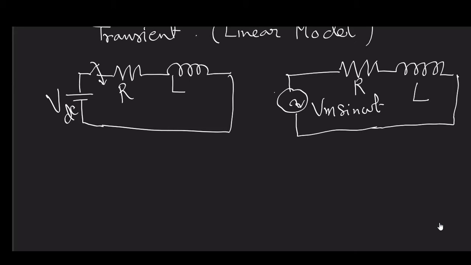For DC, what can we write? We can write L di/dt plus Ri is equal to VDC, right?